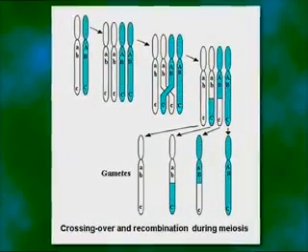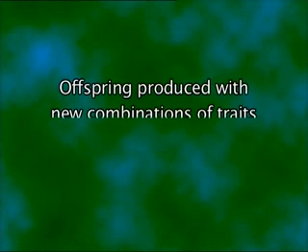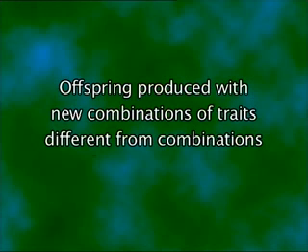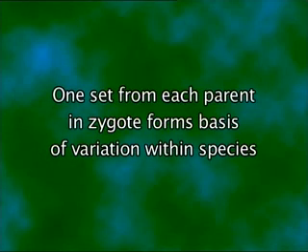Thus, the 4 cells, spores or gametes produced as a result of meiosis are all different. This produces offspring with new combinations of traits different from those found in the parents, resulting from the events of meiosis and random fertilization. Secondly, the combination of 2 sets of chromosomes, one set from each parent in the zygote, also forms the basis of variation within species.